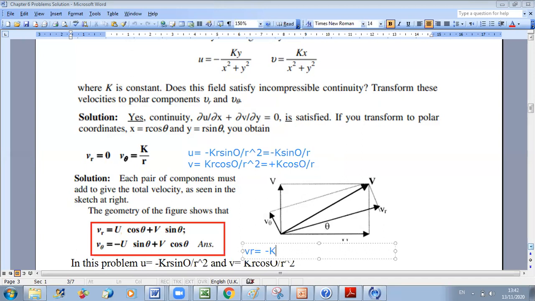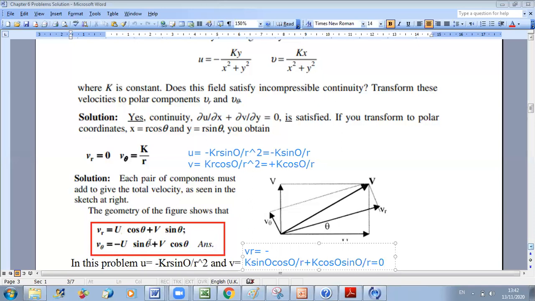So minus k sine theta over r times cosine theta, so I multiply by cosine theta. Okay, and I have plus v sine theta. So v is k cosine theta over r. So it's plus k cosine theta times sine theta over r. As you can see, the two terms will cancel out. Okay, so this is equal to 0. So for this flow, v_r is 0.